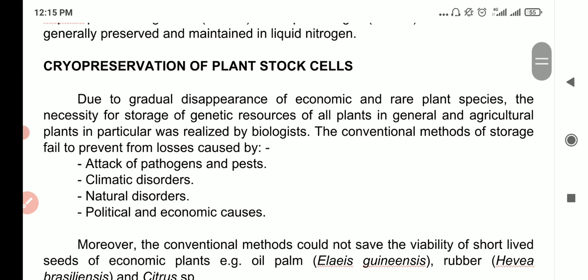Let's see how to preserve the plant stock cells, okay. So you remember, 2 years ago, there was a very bad fire in the Amazon rainforest. Or the Australian bushfires, you can just imagine how many animals and how many plants were burned and maybe lost, completely wiped out, okay.